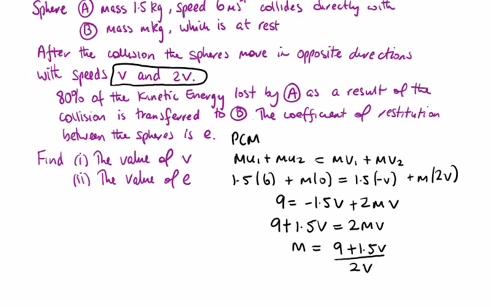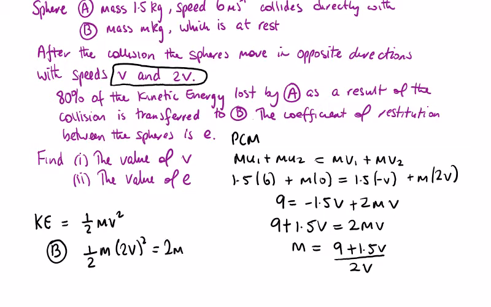Then we're told that 80% of the kinetic energy lost by A as a result of the collision is transferred to B. Okay, well, kinetic energy is a half mv squared. So what's B's kinetic energy? B gets 80% of A's, but B's is a half m by 2v squared, which is equal to a half m by 4v squared.